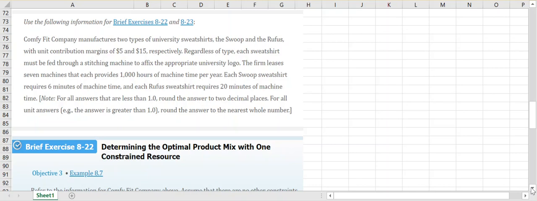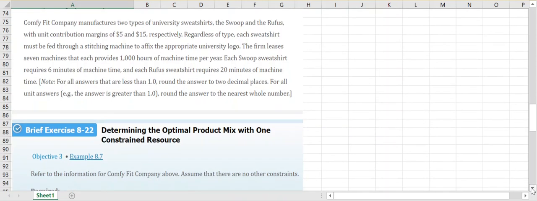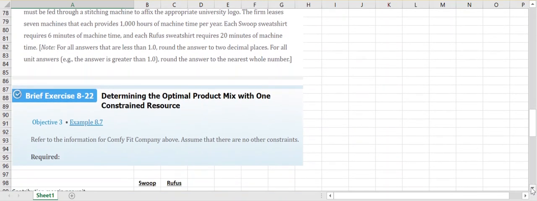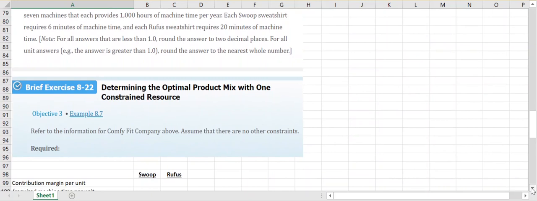We only have 7,000 machine hours available in a year, and every one of those sweatshirts has to use that machine. So we need to decide what is the most optimal sales mix for our company based on this information. In brief exercise 822, it says assume that there are no other constraints. The only constraint we have is that resource constraint of those 7,000 hours.